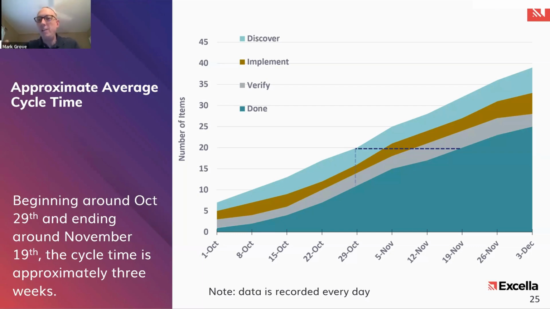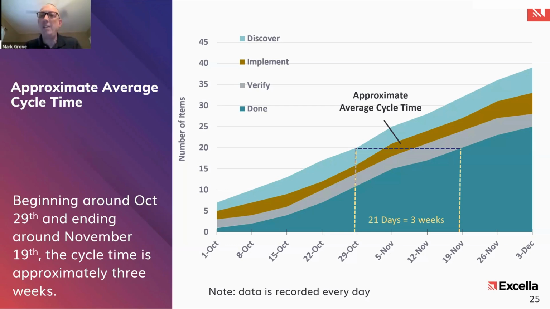And that's your answer. That is your cycle time. In this case, if you draw your vertical lines down there, you can see that it's about 21 days, about 3 weeks. You have to be very careful how you say it: from the moment in which on October 29th we had an item in discover, how long on average would it take approximately to get to done? It takes 21 days. So that's your approximate average cycle time.